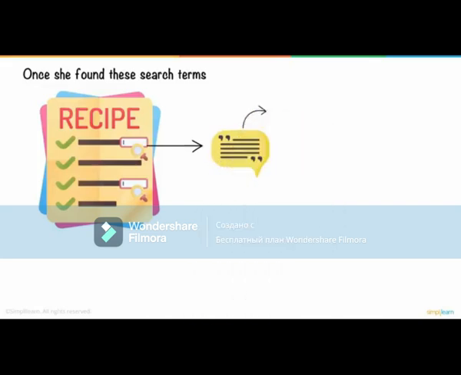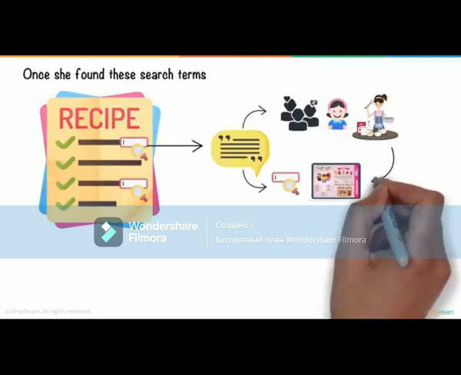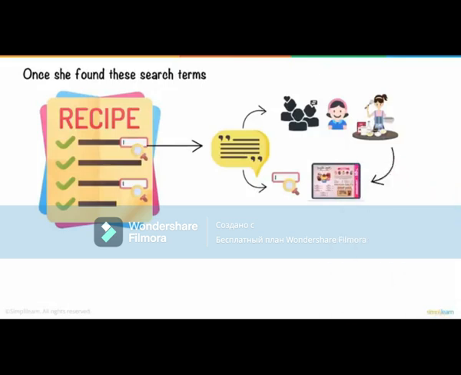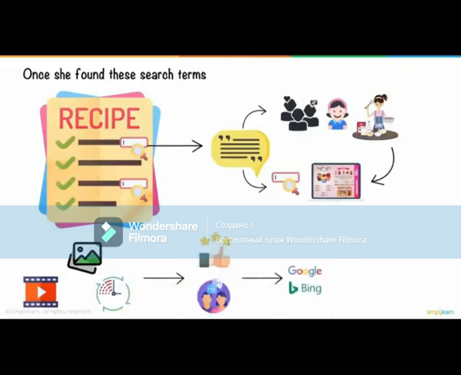With this, she could provide an engaging beginning to her story, like how the dish reminded her of her childhood, and enabled her to naturally include the search terms into the blog. She also included these keywords in the actual recipe as well. Additionally, she added pictures, videos, time lapses, and more to increase credibility and engagement for her content, and subsequently persuading search engines to show her content to more people.